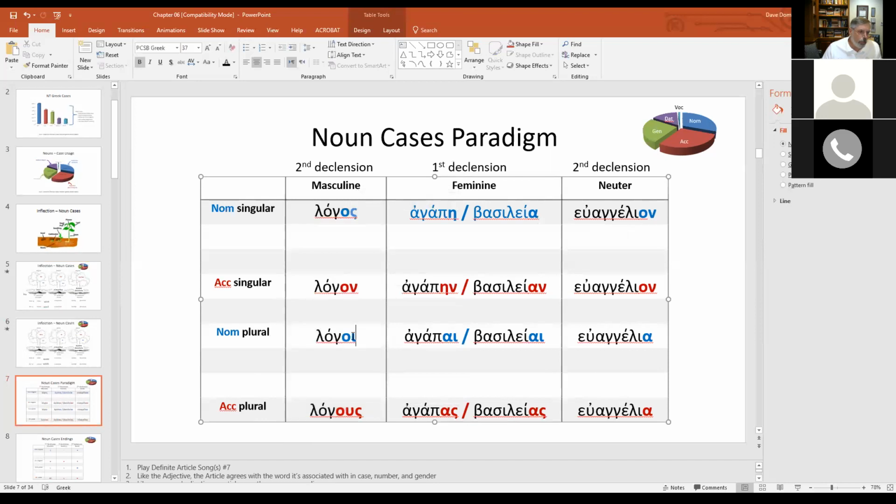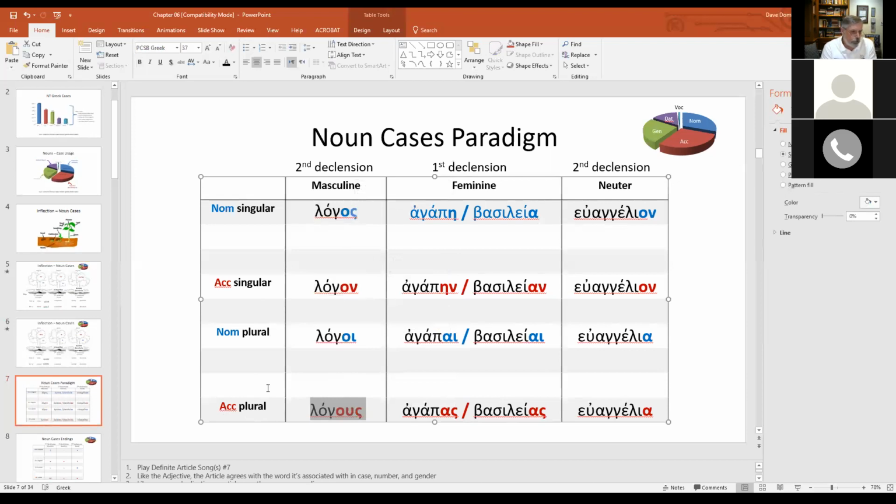When it ends in omicron sigma, it's nominative case, singular. Omicron iota, nominative case, plural. Omicron nu is accusative case, singular. Omicron upsilon sigma is accusative case, plural. That's how I know to translate it as word or words.